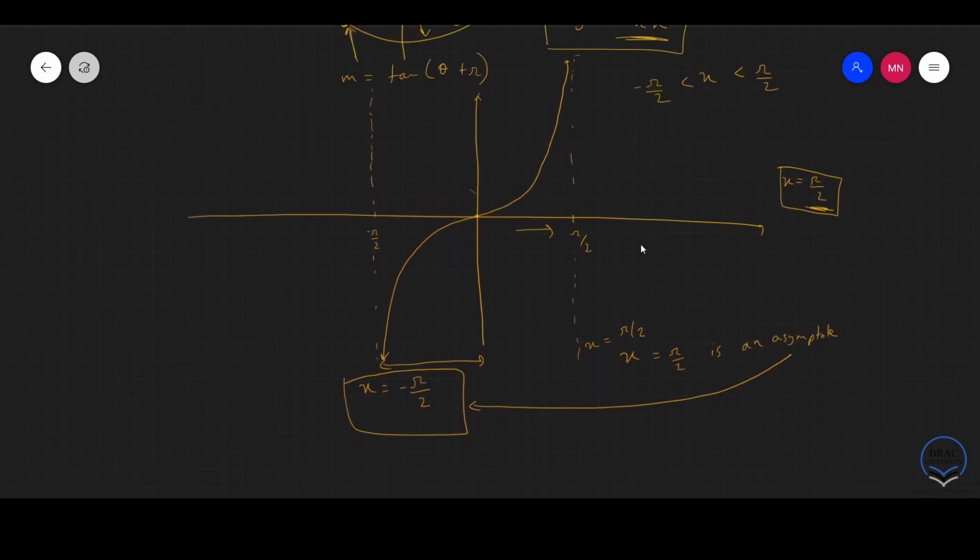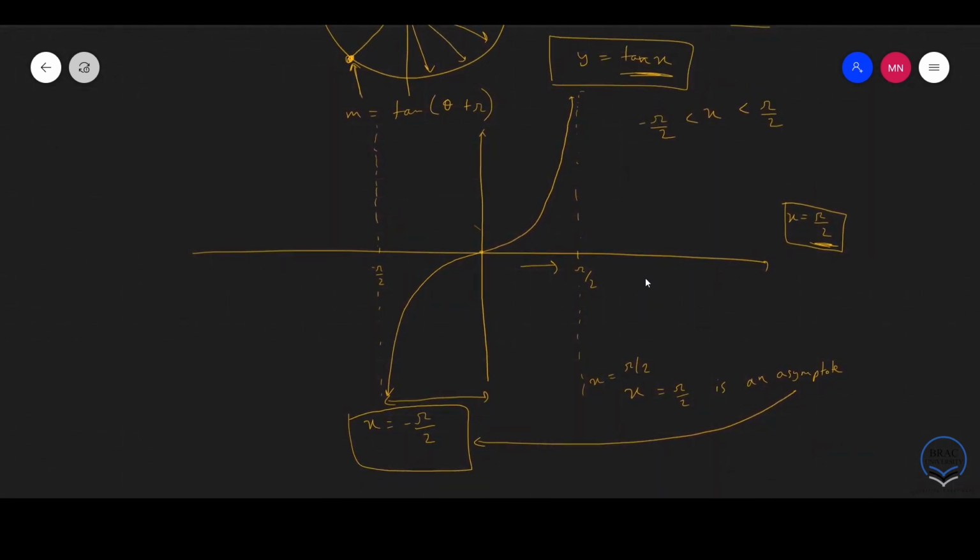So now, since we know that the period of the tangent is pi, if this is pi and this is 3 pi by 2, then what we can do is, from minus pi by 2 to pi by 2, the graph that we have obtained will just be repeated for the next pi interval.